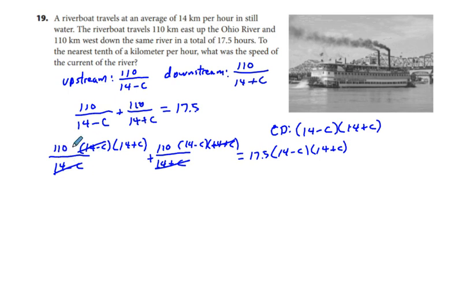And we work it all out. We're going to get 110 times 14 plus c plus 110 times 14 minus c, and it's going to be equal to 17.5 times 14 squared.